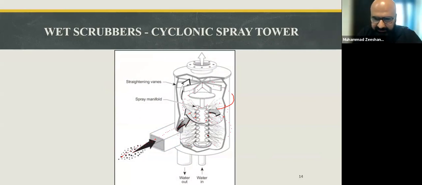So ultimately, the centrifugal force, which is dependent on the mass, and now the mass of the particulate matter is much higher as compared to that in the simple dry cyclone, right? So you can imagine that in this wet collector or wet scrubber cyclone spray tower, the efficiency of the PM removal is supposed to be much higher than that in the simple cyclone tower, right?